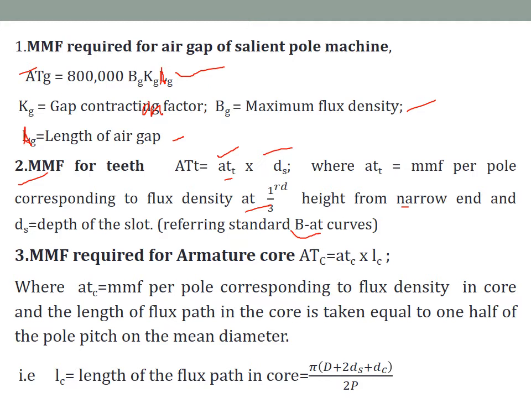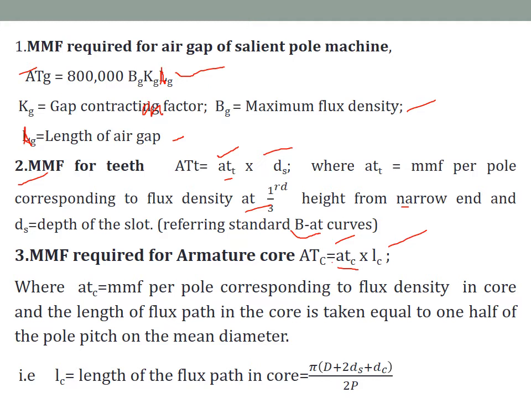Now similarly, coming to the MMF required for the armature core, AT_c is equal to AT_c into L_c. The total ampere turns for the armature core is equal to the ampere turns per meter for the core multiplied by the length L_c of the flux path in the armature core, where AT_c is the MMF per pole corresponding to the flux density in the core.